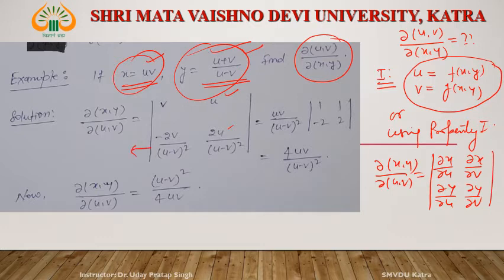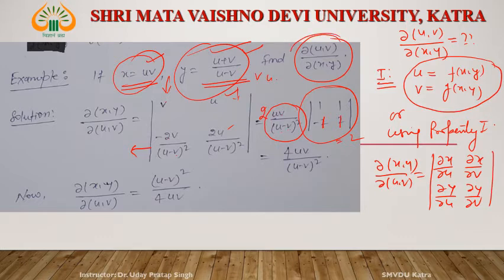From this row, you take common 2/(u−v)², and from this column v and from this column u, then this is 2uv/(u−v)² times a determinant. Solving this, the determinant is 2, and 2 multiplied by 2uv/(u−v)² gives 4uv/(u−v)².